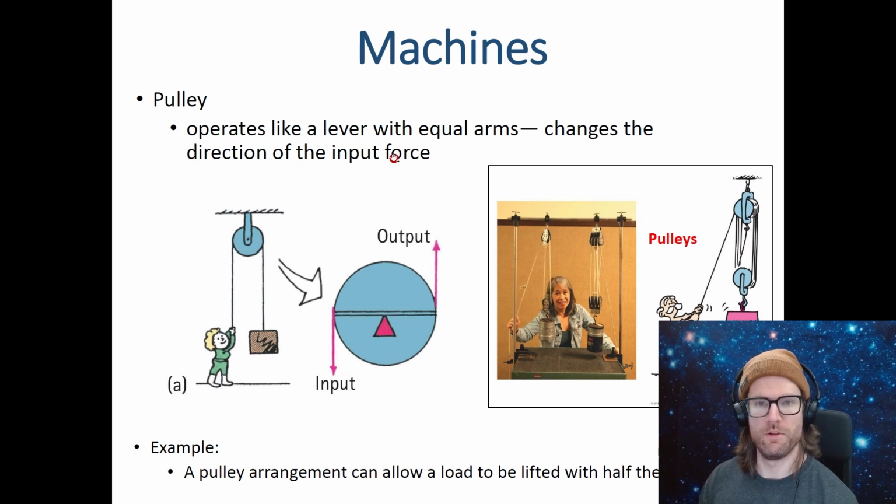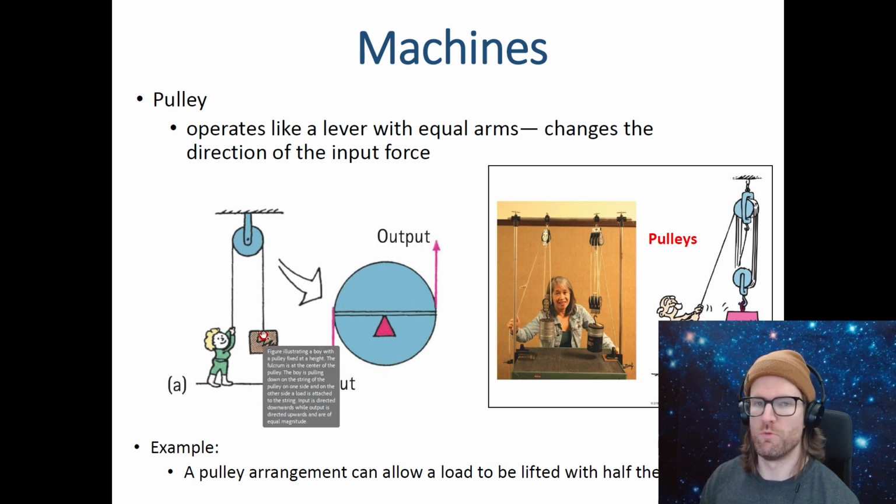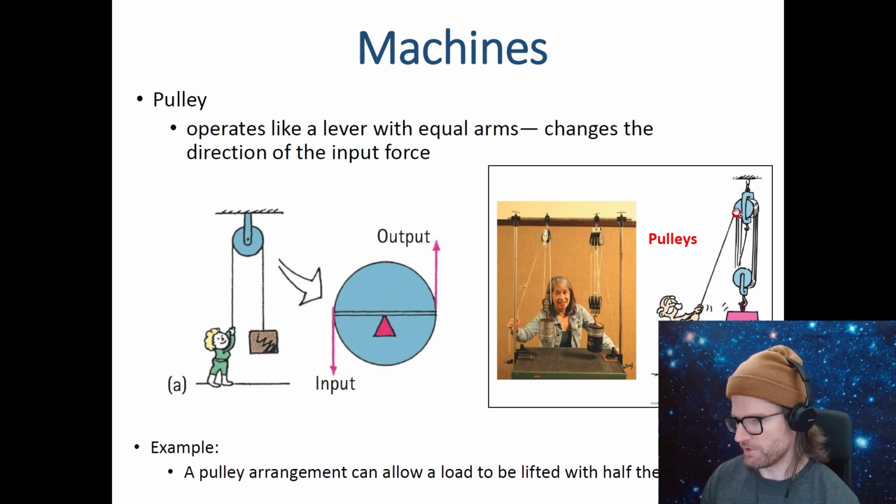Okay, let's look at a pulley. This person is pulling on this rope. So their rope force here is lifting up this block 1-to-1. Not a mechanical advantage. But here, this person is pulling on one rope, but there are many ropes attached to this 500 Newton thing. So all of these rope tensions are contributing to a huge force.